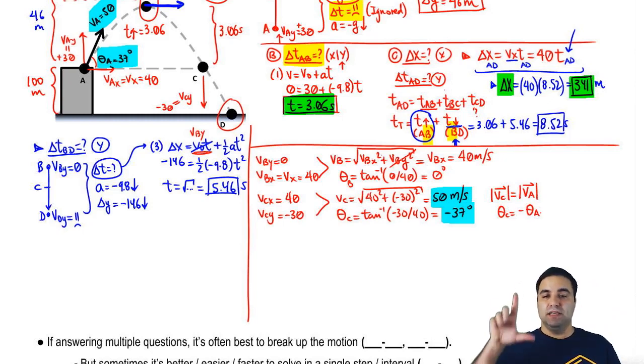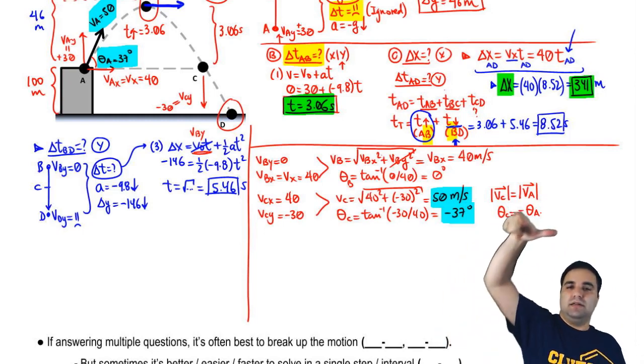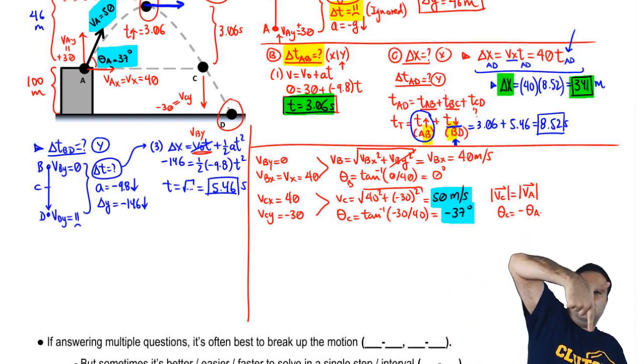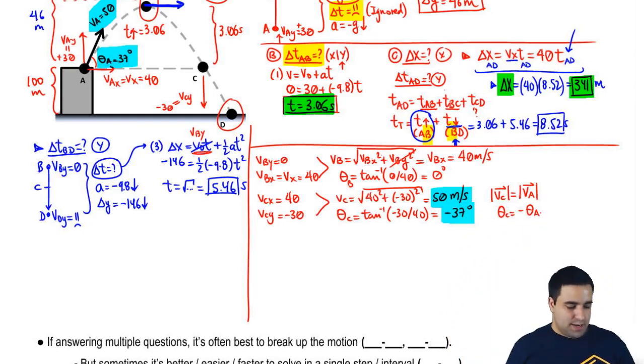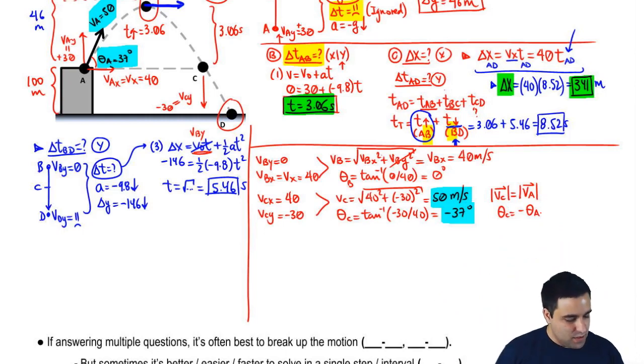And that's because the legs of the vector are the same, right? They just flipped. This is my X, this is my Y, and then at point C, it does this, and the vector just flips down instead of up. But the magnitudes are the same, so we actually didn't have to calculate anything.